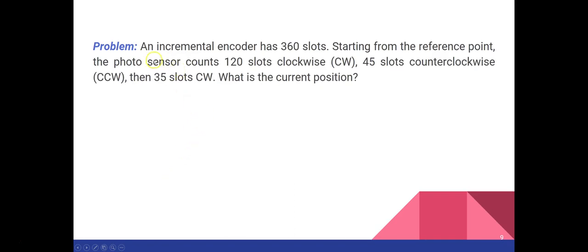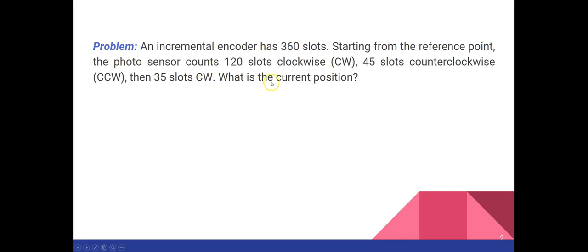Now here we have this problem. An incremental encoder has 360 slots, and starting from the reference point, the photosensor counts 120 slots clockwise and 45 slots counterclockwise, and then 35 slots clockwise.